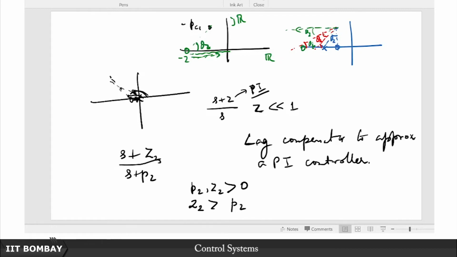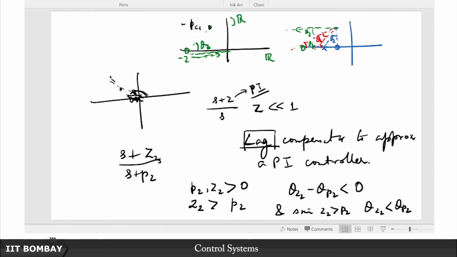So the net contribution is theta Z2 minus theta P2, and since Z2 is greater than P2, theta Z2 is less than theta P2. Therefore this is negative. It contributes a negative angle, so it's called a lag compensator. That's why it got its name, lag.